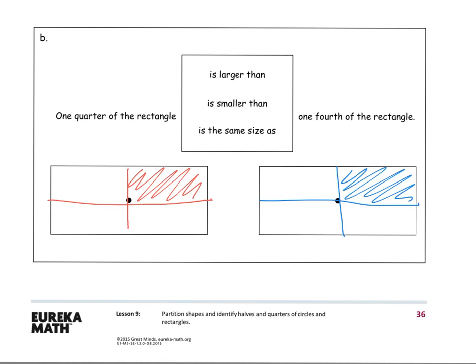And now I'm going to compare these again and see which one is my first one. 1/4 of the rectangle larger than, smaller than, or the same size as 1/4. And looking at them, I can see that they look like they're the same size. And we know that 1/4 is the same as 1/4. So my statement is 1/4 of the rectangle is the same as 1/4 of the rectangle.